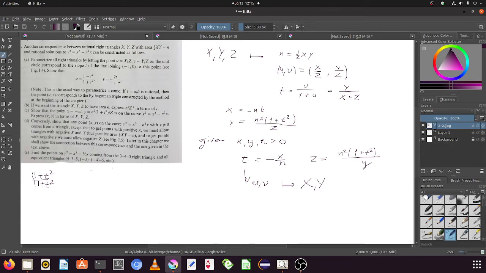We already know that. And then we need to multiply by z squared. This is unity, of course. So it equals z squared. So they are a Pythagorean triple. So they do form a right triangle.